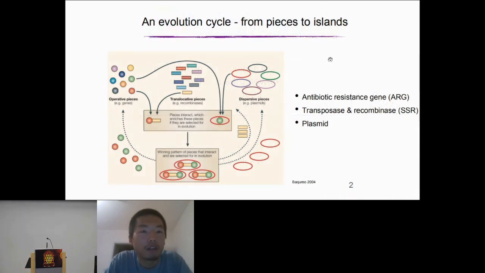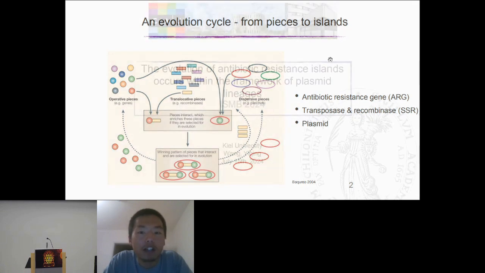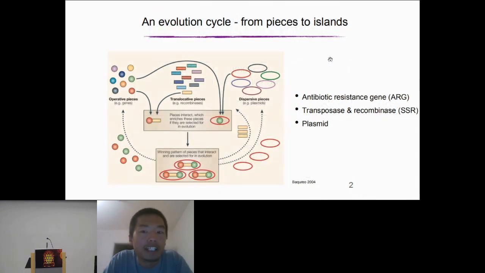Before I introduce my work, this is a theoretical framework. There are three components: antibiotic resistance genes, ARG; transposases or recombinases, which I call SSR; and the third one is plasmids. The first two components, ARG and SSR, form combinations, and the transposases translocate ARGs.